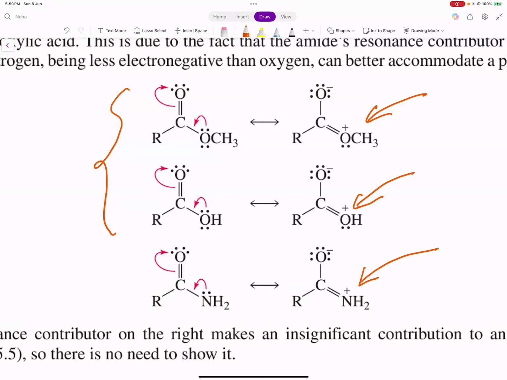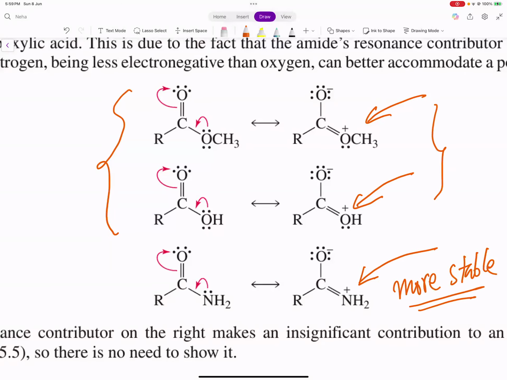So the resonance contributor for the amide is going to be more important than these. Why? Because this is more stable. Nitrogen is less electronegative, so it is going to accommodate the positive charge in a much better way as compared to oxygen, right?